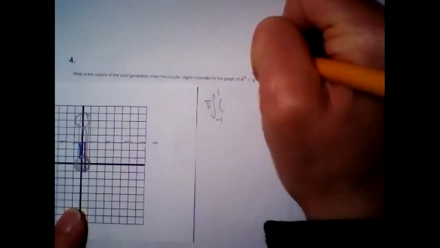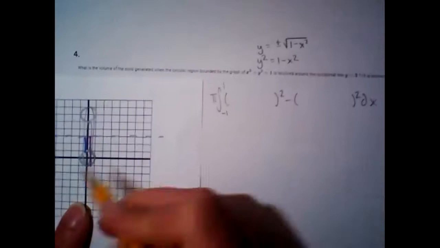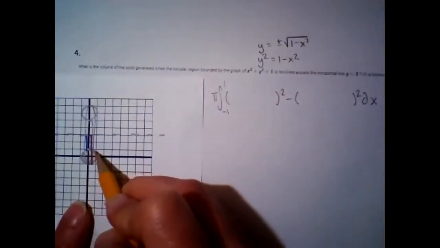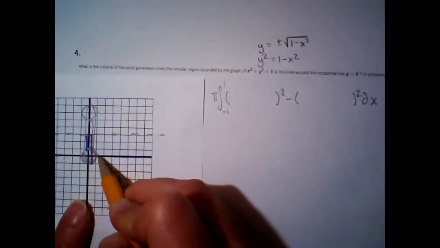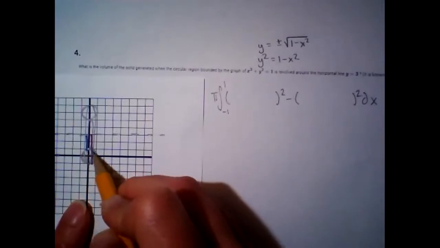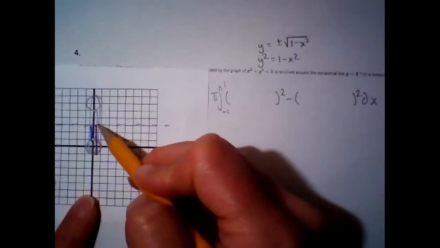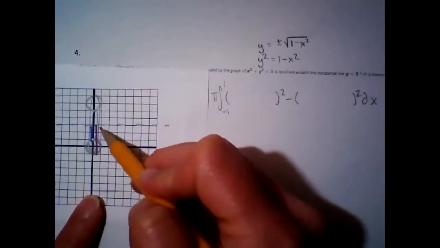So you get the positive and the negative square root. The upper half, like the top of the circle, this semicircle, is the positive square root. And then the part underneath, the lower semicircle, that's the negative square root. So we have the plus and the minus. So the pink line is the outer radius, upper graph minus lower graph.